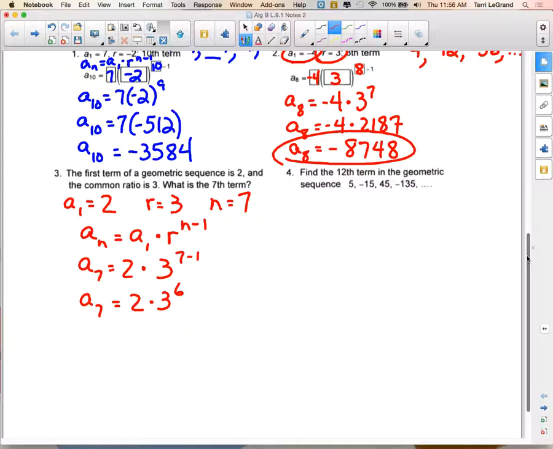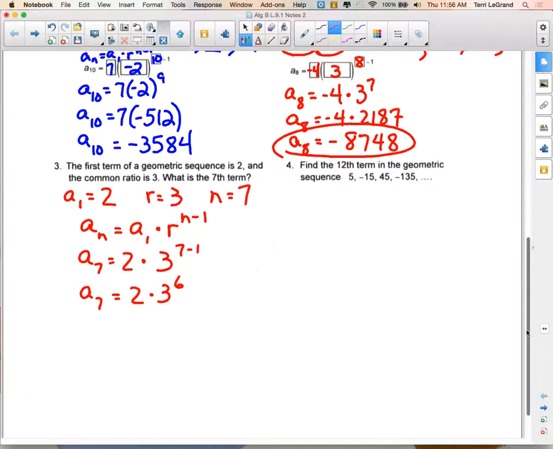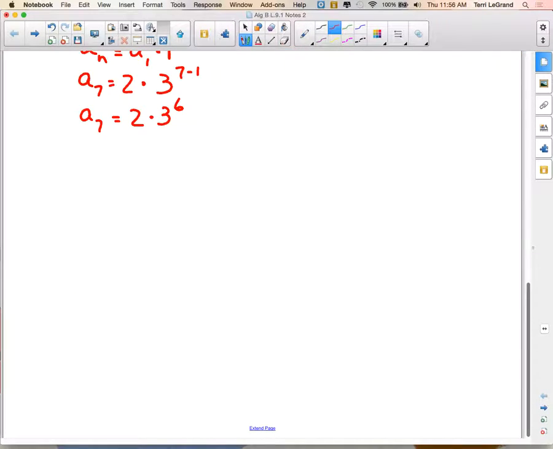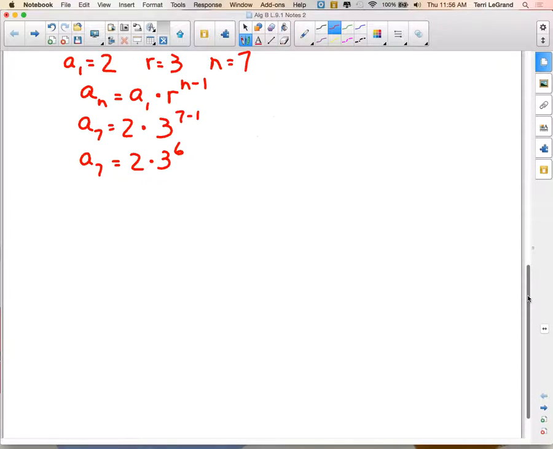Popular R value. 3 to the 6th power. 729. Oh my goodness, I do need to have some lunch.